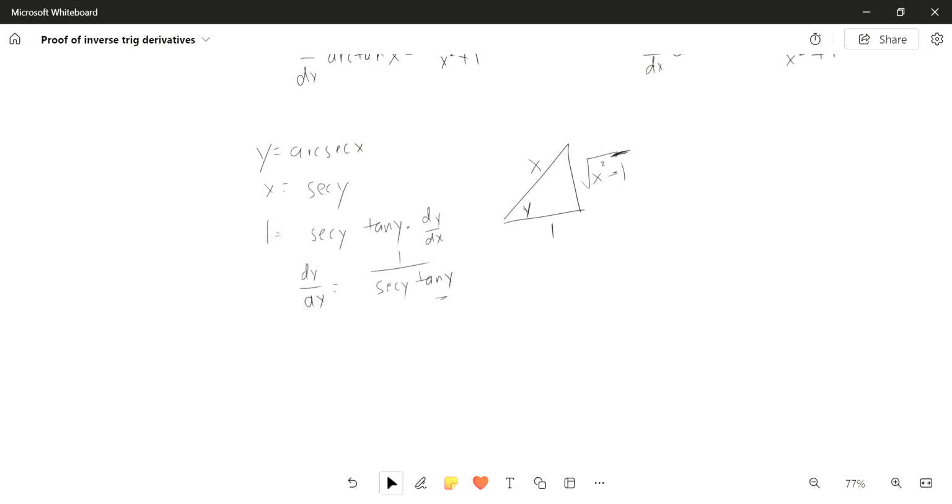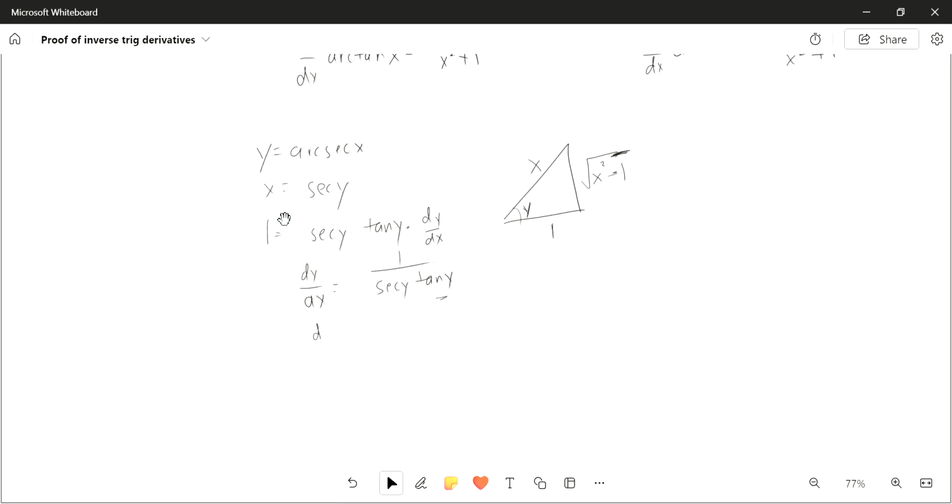Okay, so we have x squared minus 1 because of how the Pythagorean theorem works. So that means the tangent of our angle, which is y, is root x squared minus 1 over 1. And secant y, as was defined up here, is equal to x.